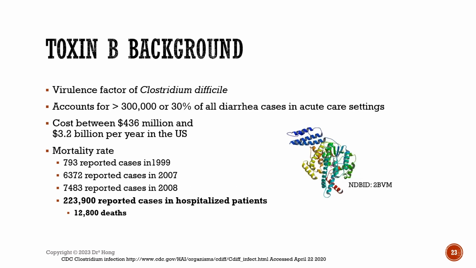Other than detecting toxins in food samples, we can also try to detect toxins in clinical samples using aptamers. Here is an example. Toxin B is a virulence factor of Clostridium difficile and accounts for many cases of diarrhea in hospital settings, and it is costly and also deadly.